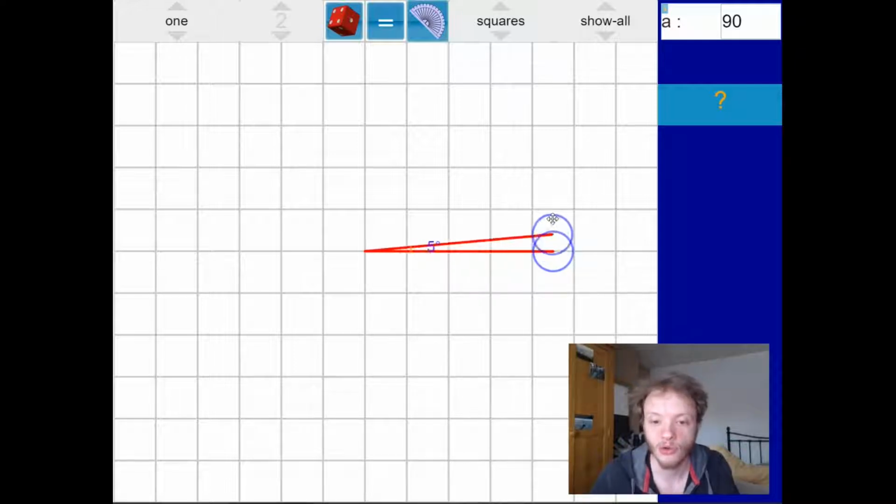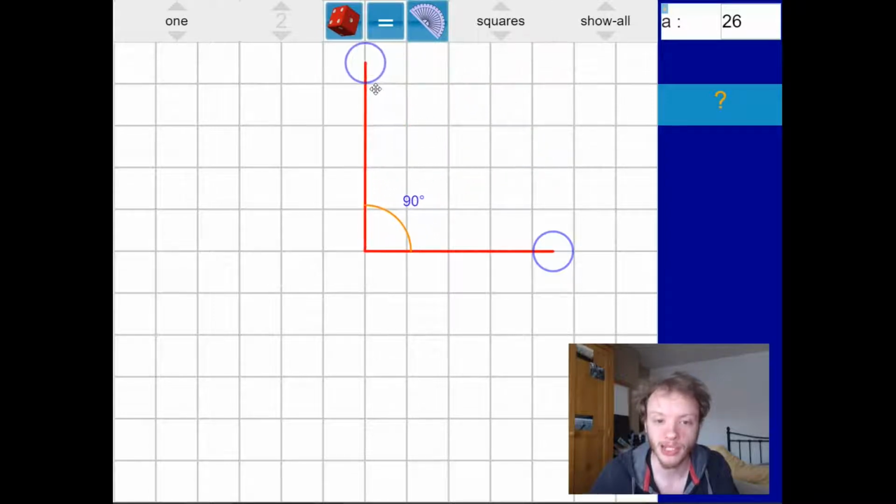Were I then to raise up the second line, the amount of turn that the line has undergone from 0 to here is 26 degrees of turn. It's turned 26 degrees around that point where they meet.